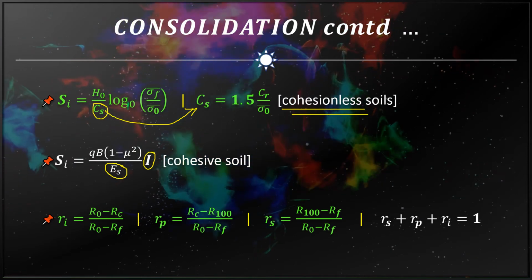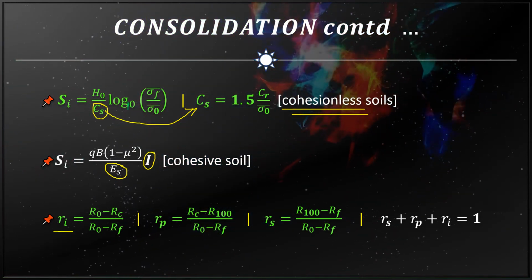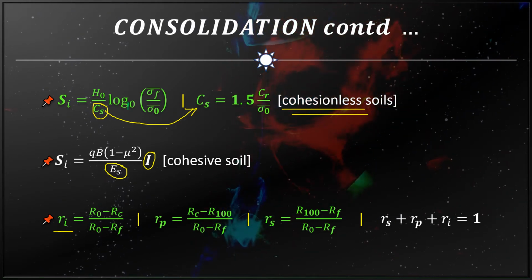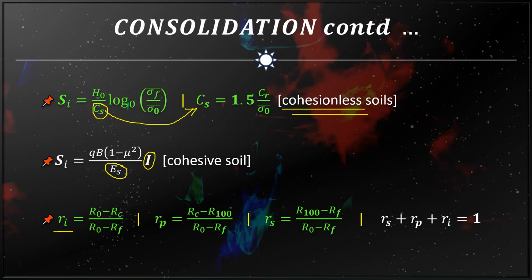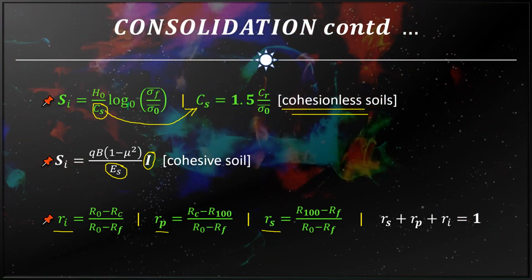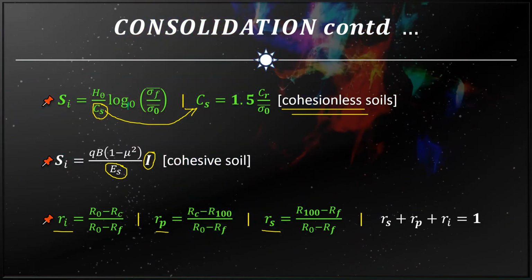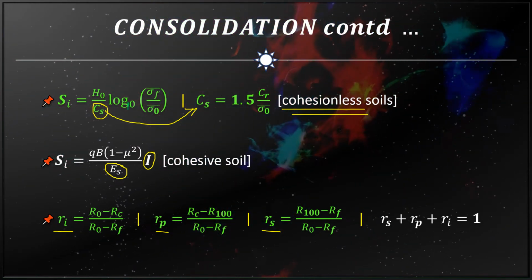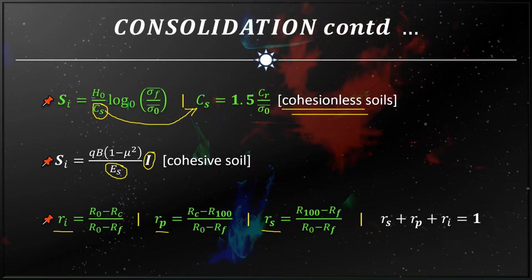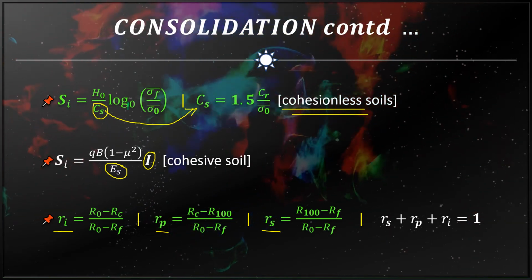And there are something called compression ratios. Ri is the initial compression ratio, Rp is the primary compression ratio, and Rs is the secondary compression ratio. So initial compression ratio is given by (R0 minus Rc) by (R0 minus Rf). R0 is the zero dial gauge reading, and Rc is the corrected reading. In the consolidometer or odometer, there are dial gauge readings.